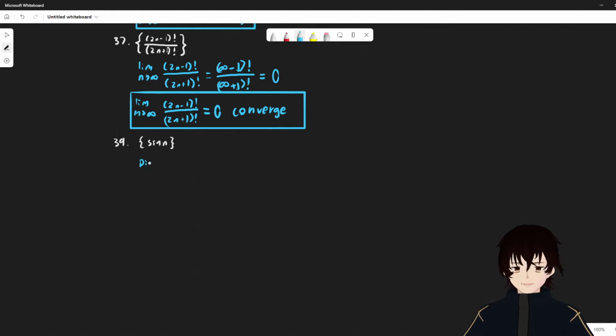It's sine, so it oscillates between positive 1 and negative 1. Therefore, there is no limit. Therefore, it diverges. Well, let's say the limit as n approaches infinity of sine n does not exist.